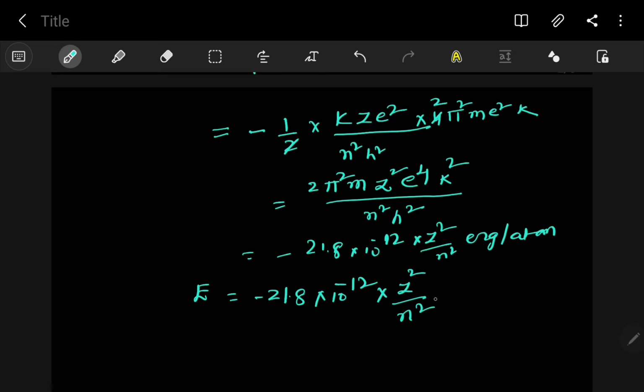In joules per atom, here 10 to the power of minus 19 I will write, minus 21.8 into 10 to the power of minus 19 joules per atom. Or in EV per atom, we write minus 13.6 into z square by n square EV per atom.